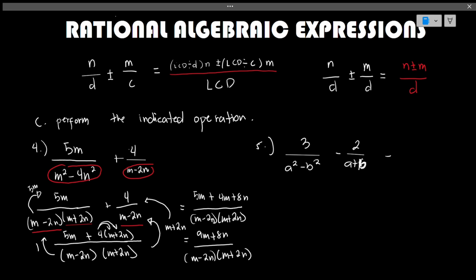As you can observe, we can no longer cancel here because 9 and 8 don't have any common factors. The same goes for m and n. So there's no need for us to simplify. This is now the final answer of the rational algebraic expression.